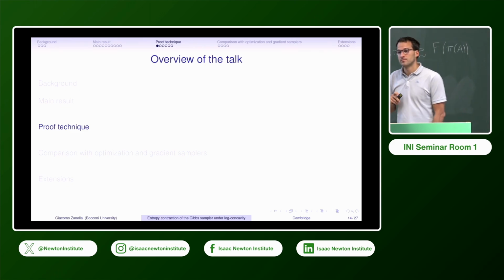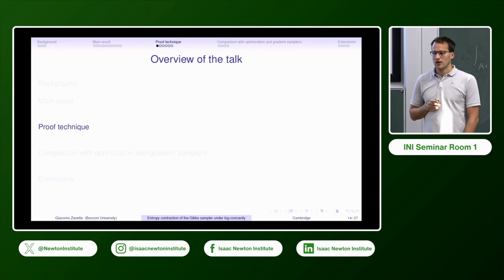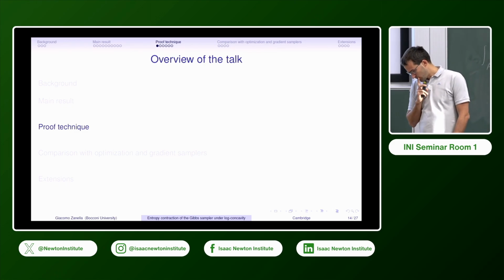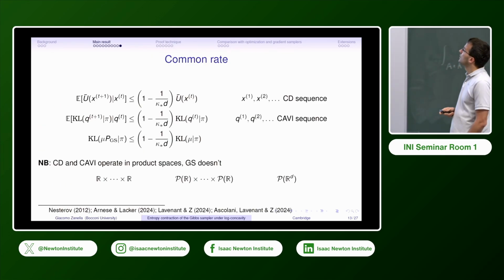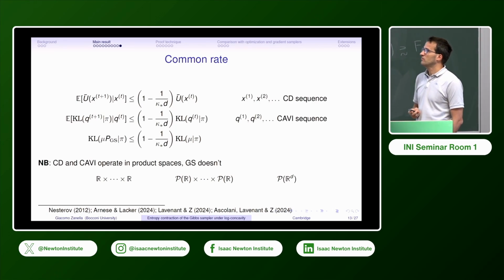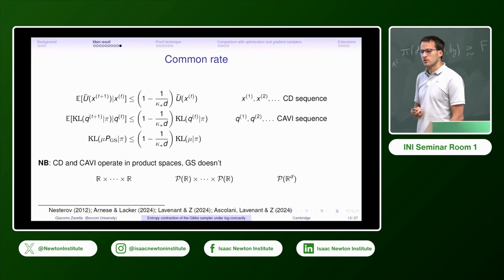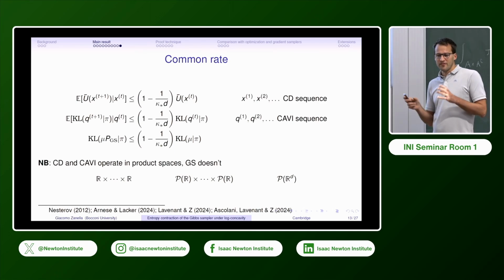Yeah? Does the result for the Gibbs sampler imply the result for coordinate descent by setting the temperature to 0? Okay, very good question. I never thought of it in this way. Let me think. I don't think so, but I don't know. I will think about it. I think they're kind of different, but even the proof is quite related.